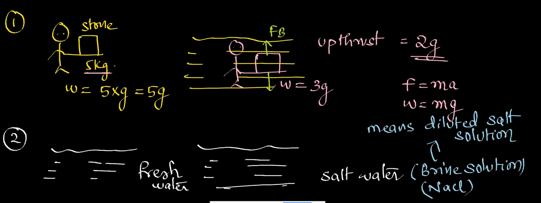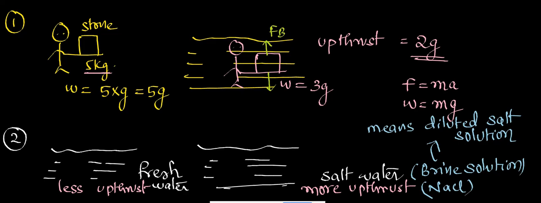So salt water has more density, and more density means more pressure. Salt water will give more pressure, meaning more upthrust, because density is more. Fresh water gives less pressure, so less upthrust.